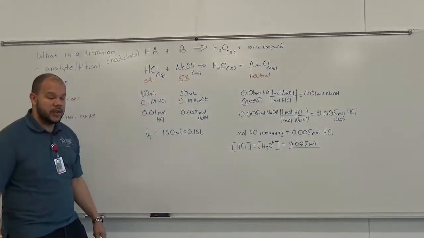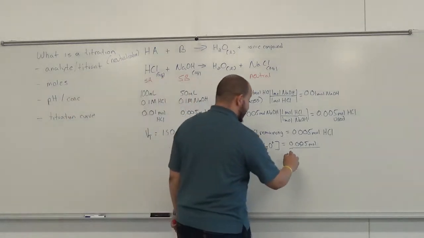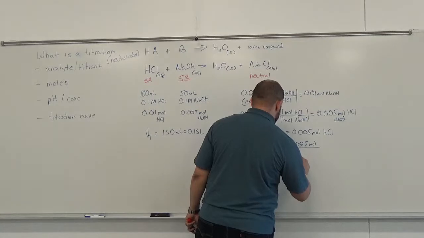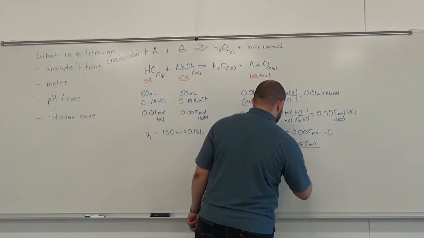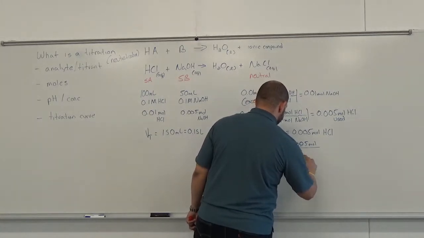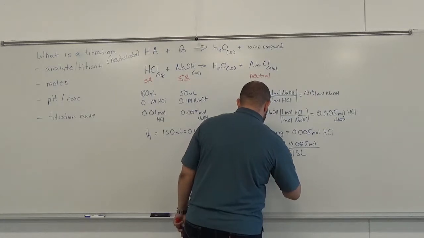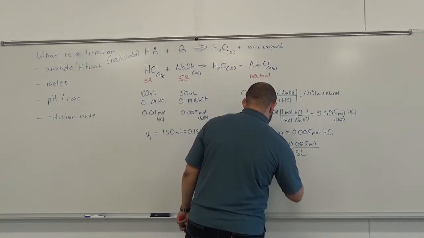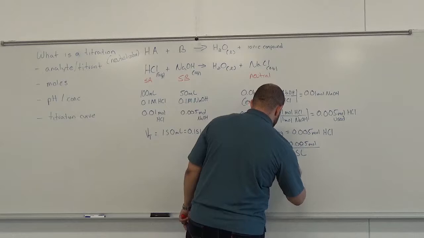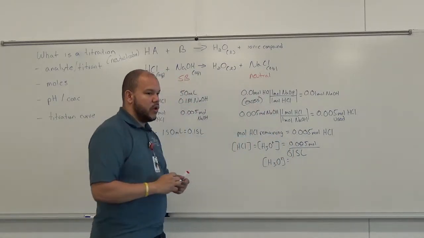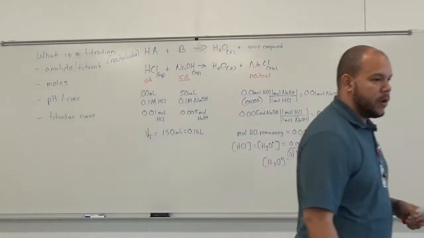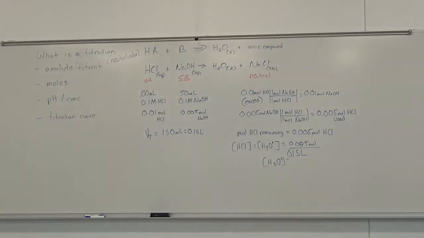So now we're dealing with a higher volume than we started with, 0.15 liters, and therefore a concentration equal to 0.005 divided by 0.15. Let me grab the calculator.